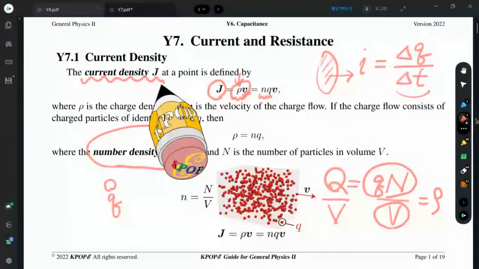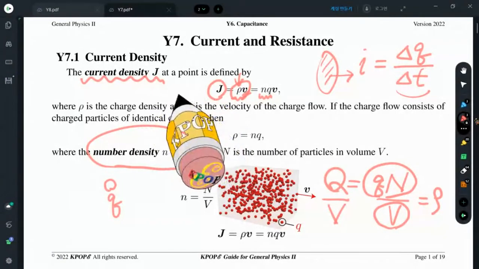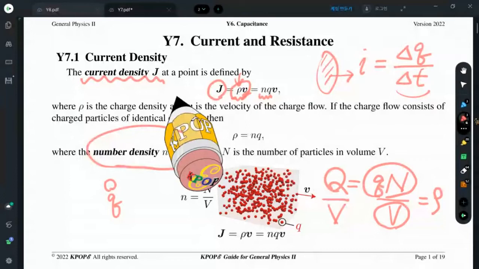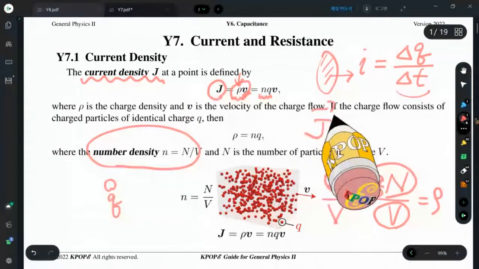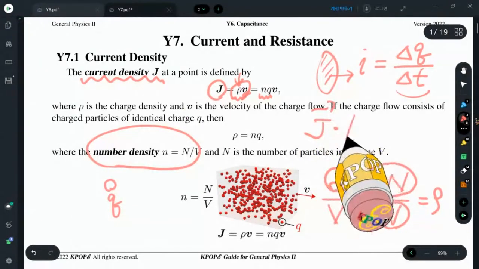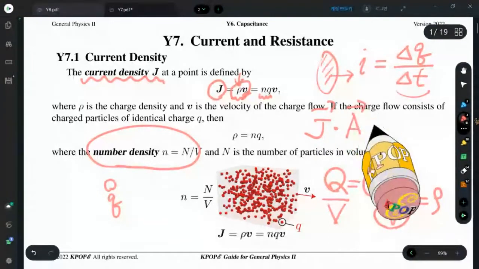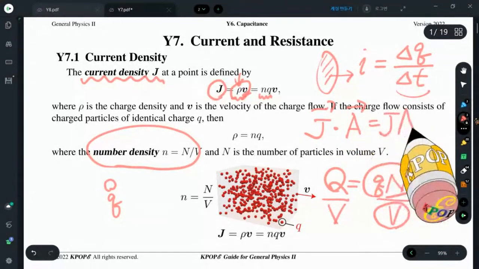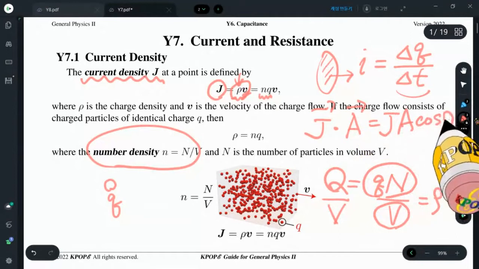In fact, the current density multiplied by the cross-sectional area as a scalar product, where the area becomes an area vector, gives J dot A, which is J times A times cosine theta.